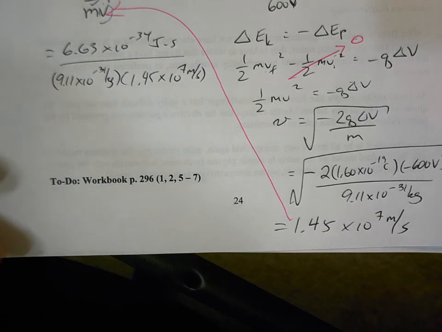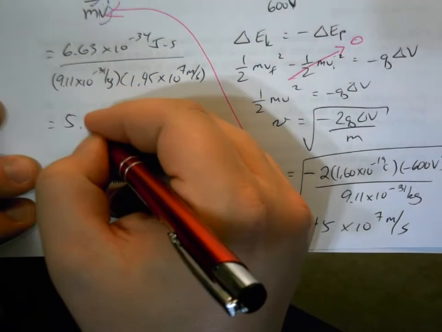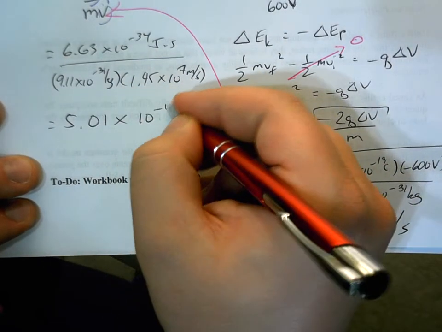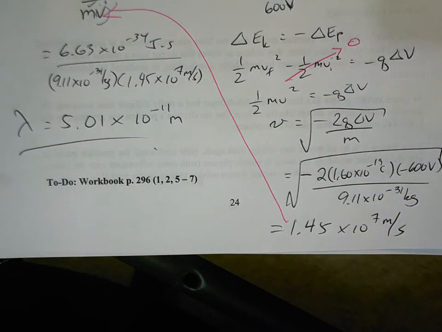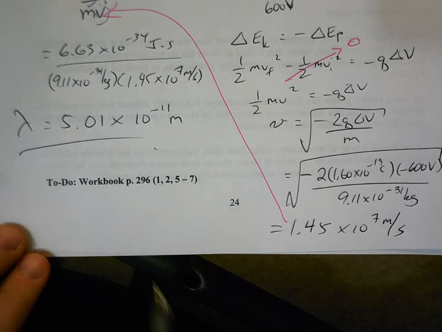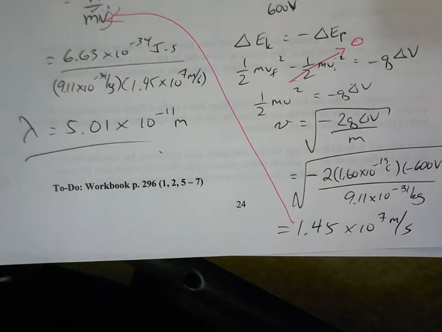So what we're going to get is about 5.01 times 10 to the minus 11 meters. So the de Broglie wavelength of our electron that is accelerated from rest across that potential difference of 600 volts, once it gets to that speed of 1.45 times 10 to the 7 meters per second, will be about 5.01 times 10 to the minus 11 meters.